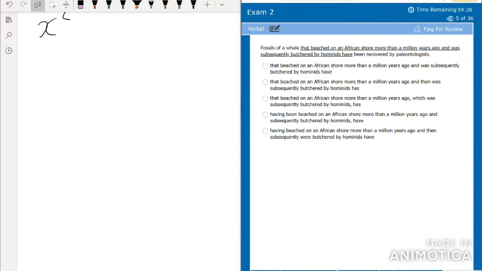Fossils of a whale that beached on an African shore more than 1 million years ago and was subsequently butchered. So fossils of a whale that beached and was butchered. Okay, so it is was.